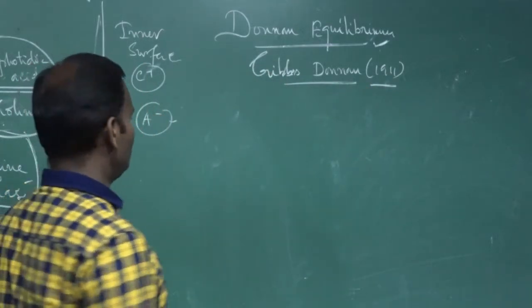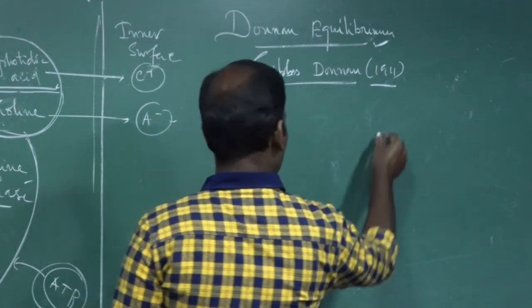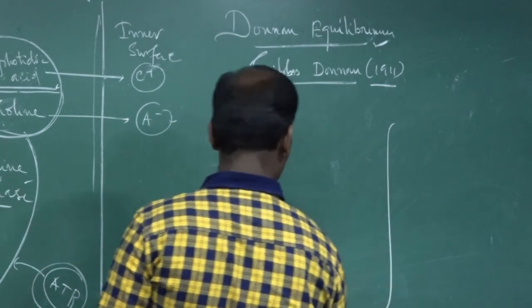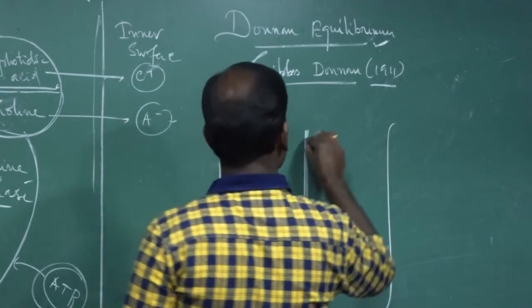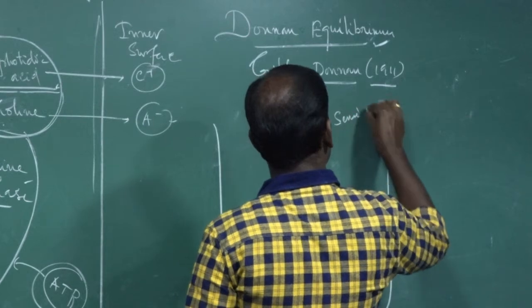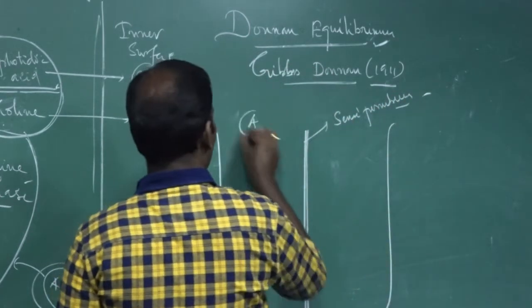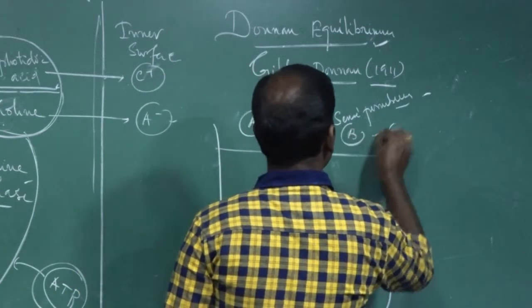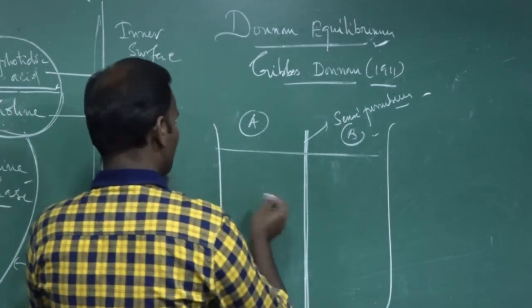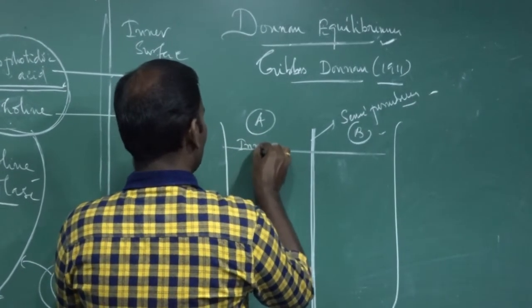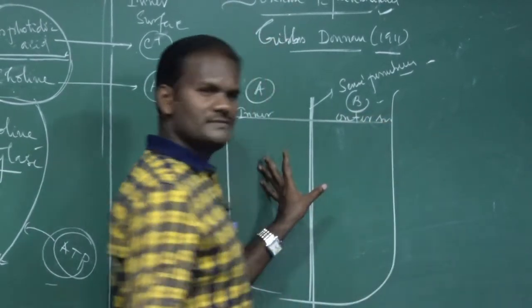So let us assume that there is a chamber separated by a semi-permeable membrane. Chamber A, chamber B. Then what is called Donnan equilibrium? For example, it is the inner surface and it is the outer surface of the membrane.